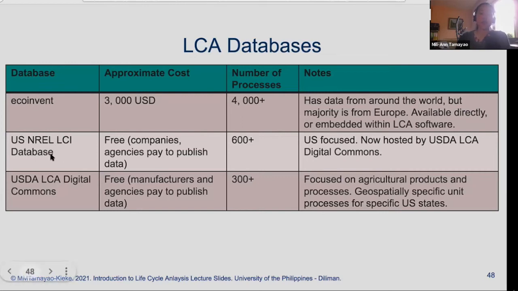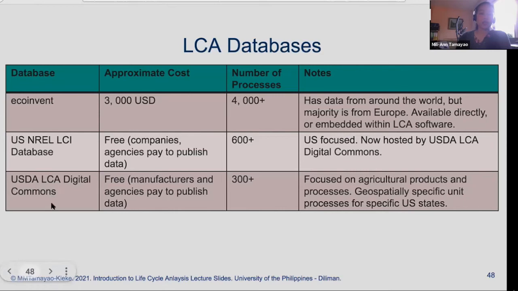And then you have the US NREL Lifecycle Inventory Database. This is free for companies, but if you have to publish, you have to pay. It has 600 plus processes and it is US focused. It is now hosted by the USDA LCA Digital Commons.